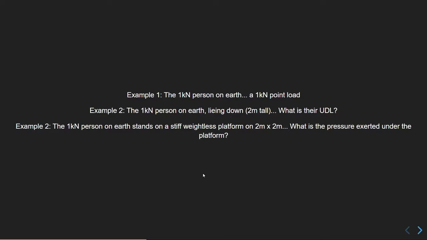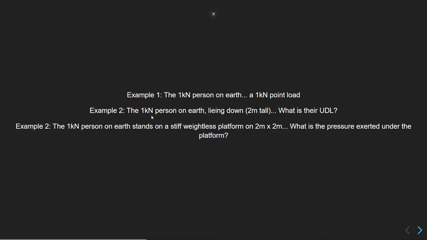So if that 1 kilonewton person on Earth, who's 2 meters tall, we'll just say, we're abstracting, we're rounding up, they're 2 meters tall and they're lying down, what's their line load force? And then the 1 kilonewton person on Earth stands on a stiff weightless platform, which is about 2 meters by 2 meters. What's the pressure exerted under that platform?